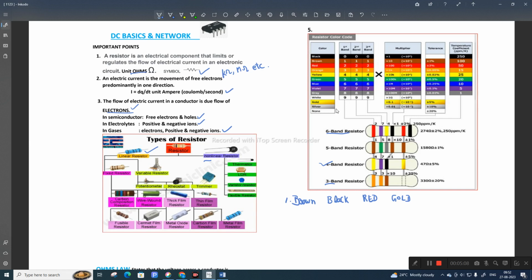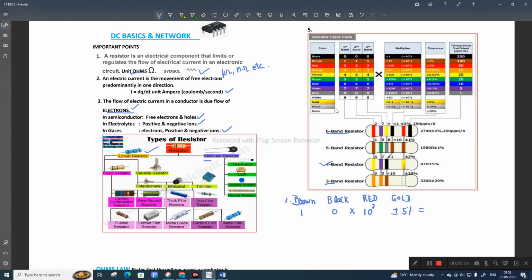Brown value is 1, black is 0, red is 10 to the power of 2. When red comes, you have to take it as multiplier. And gold is plus or minus 5% tolerance.